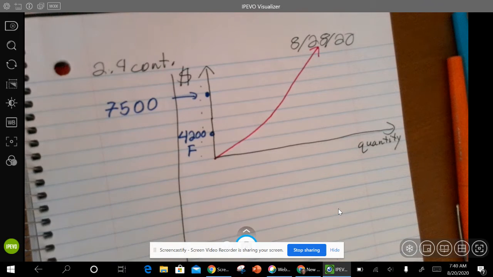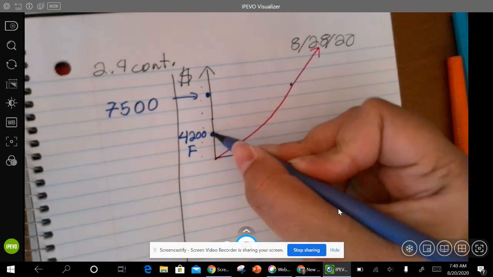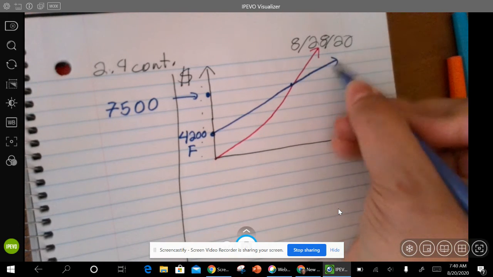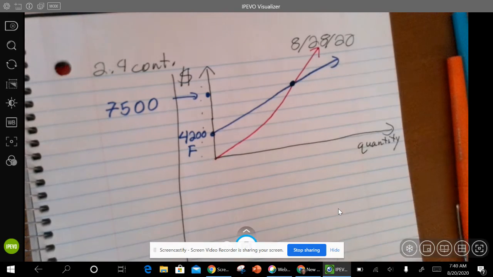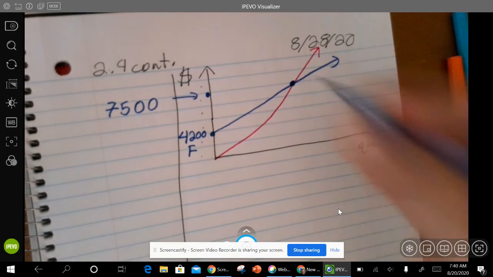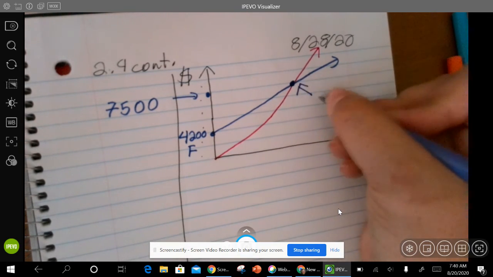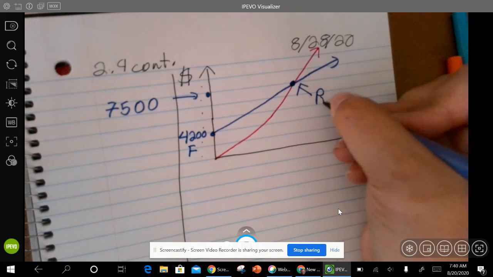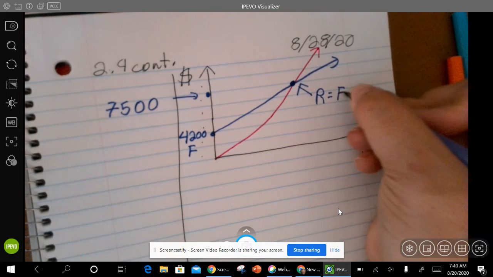Okay, so this, everybody, is our break-even point. So revenue is equal to our expense.